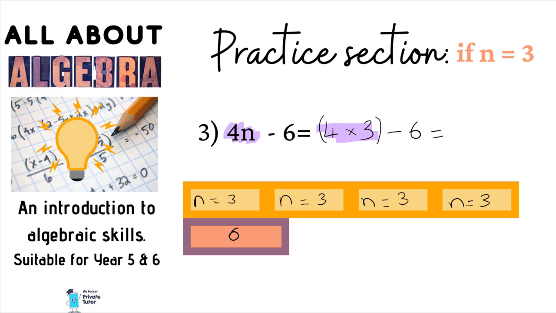So this is the same as saying 12 subtract 6 because my bracket is 12. Okay, 4n is the same as 4 times 3, which is the same as 12. And then when I subtract 6, you can see that my answer is 6.